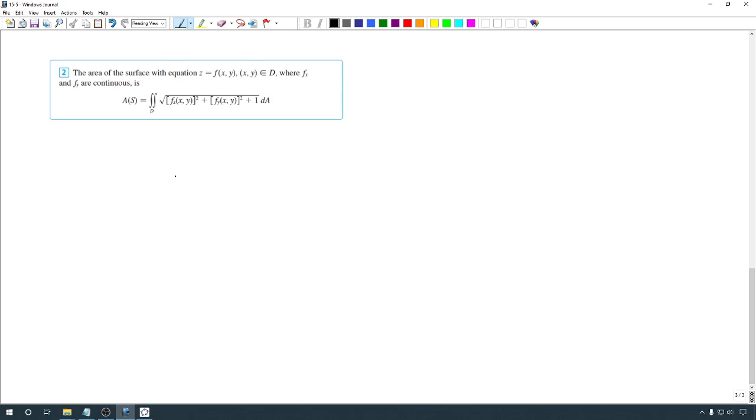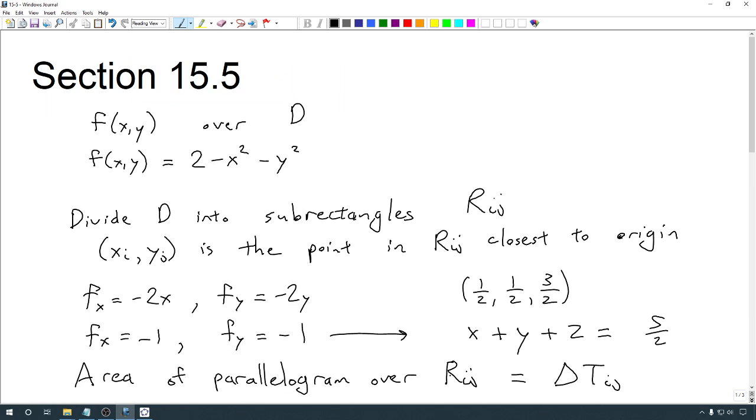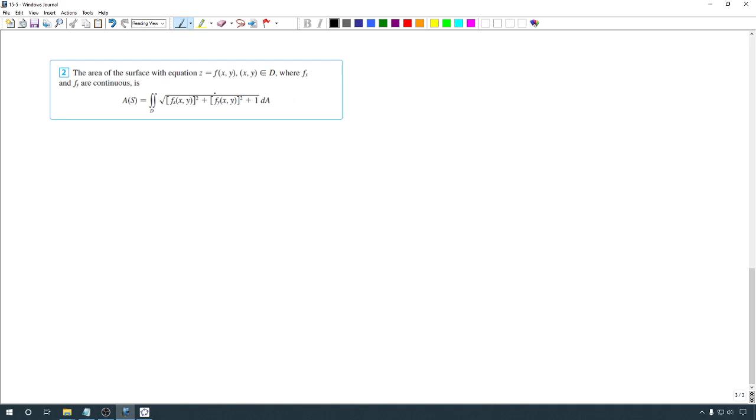We're putting that into our Riemann sum, and then turning that Riemann sum into a double integral. And so we get this formula here for the surface area in terms of the derivatives of f, both f sub x and f sub y, over that region D.